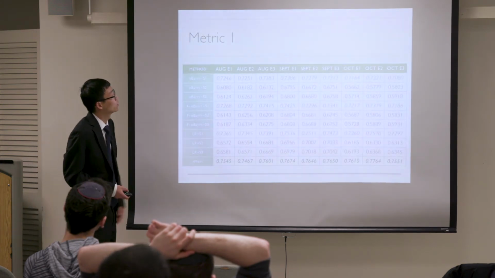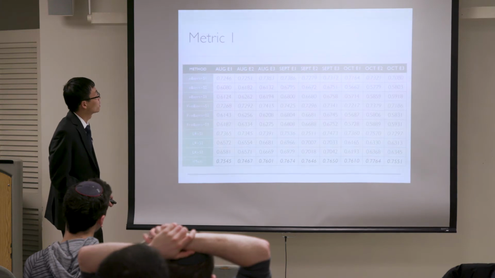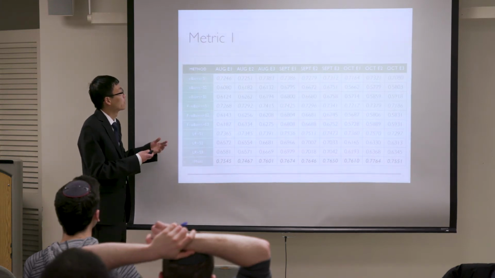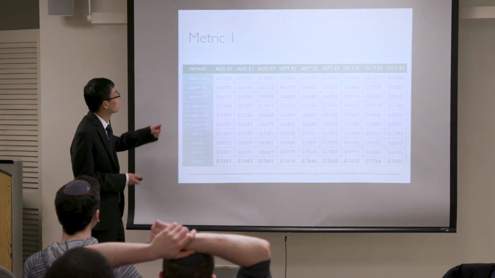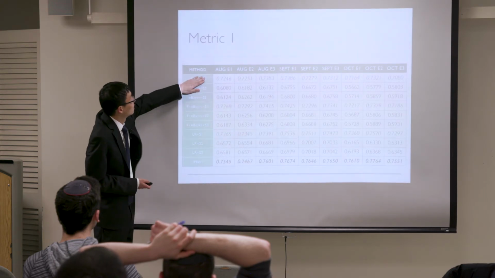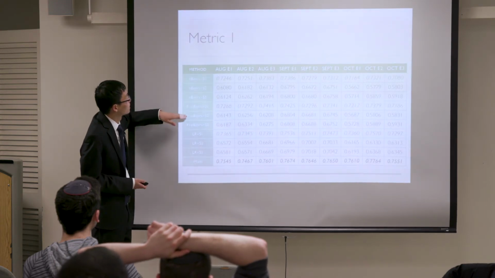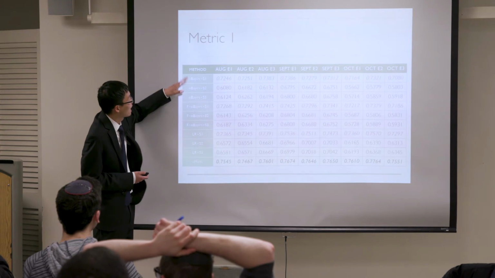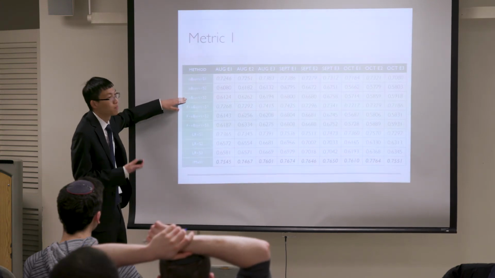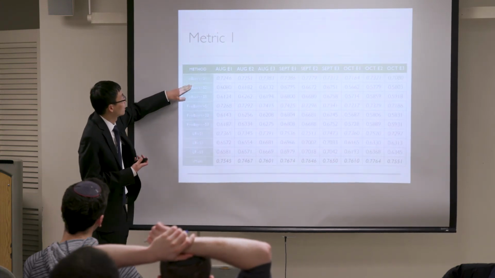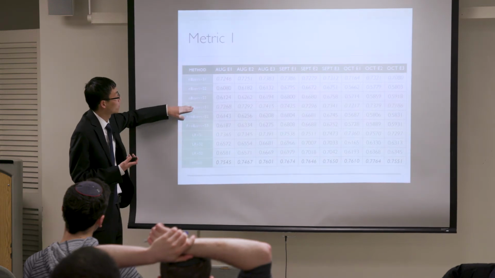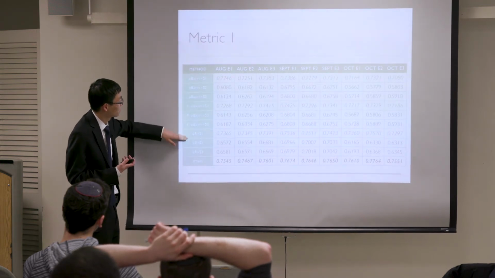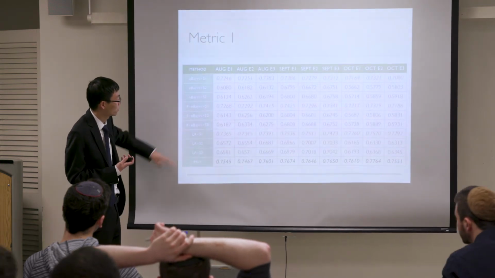Okay, this table shows the results for metric 1. I want to make a few notes here. The first one is we can see the method with strategy 1 is better than the method with other strategies. This is consistent for the naive Bayes and logistic regression.